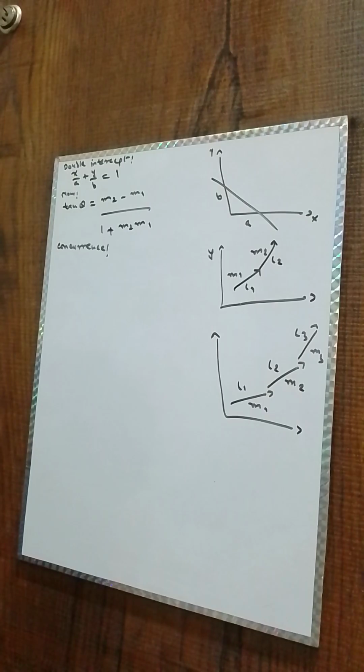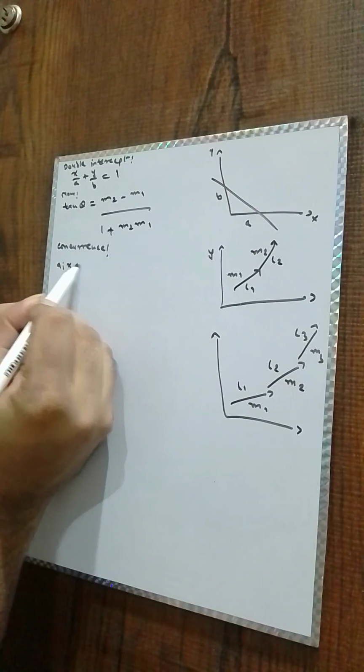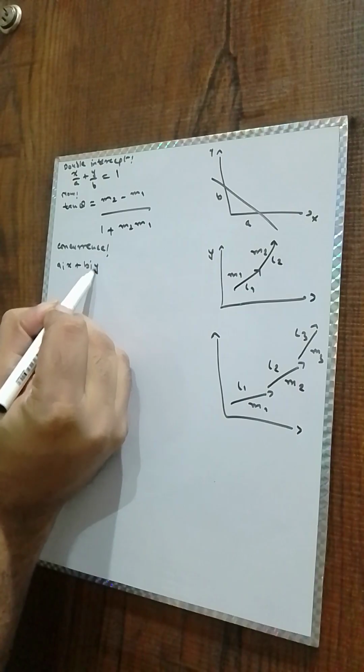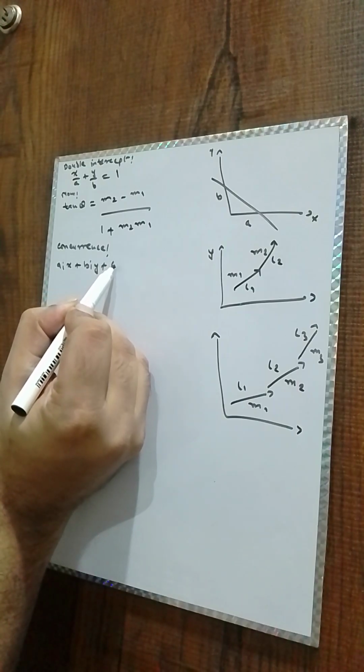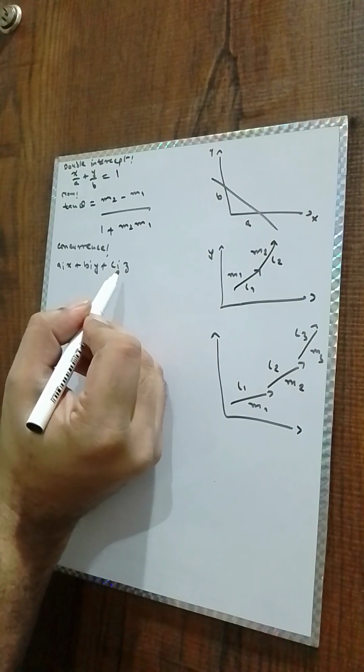So the general form would be aix plus biy plus ciz.